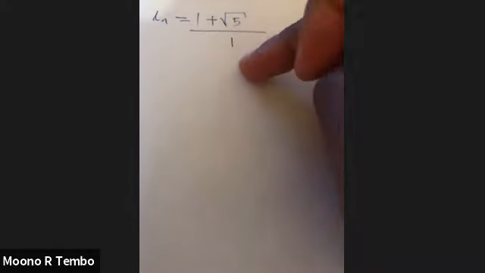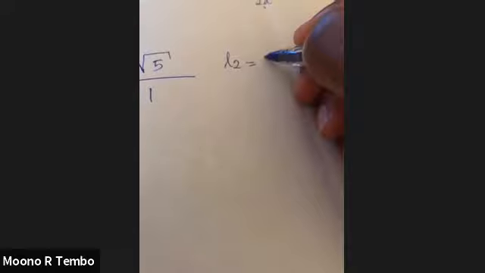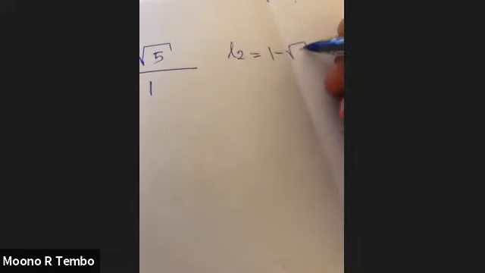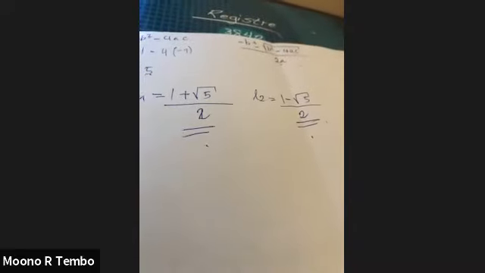So this is L1. Then your L2 will be the same thing, this time 1 minus the square root of 5, everything over 2 times 1, which is 2. So you have your L1 and you have your L2.